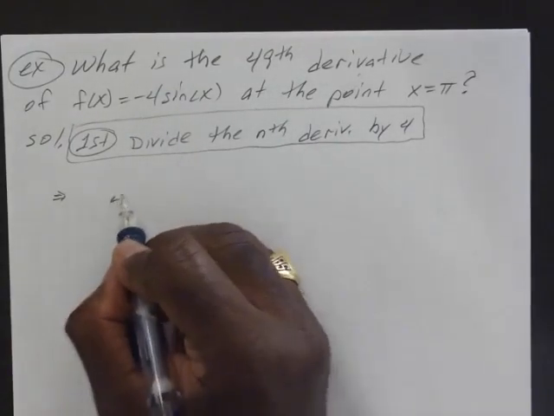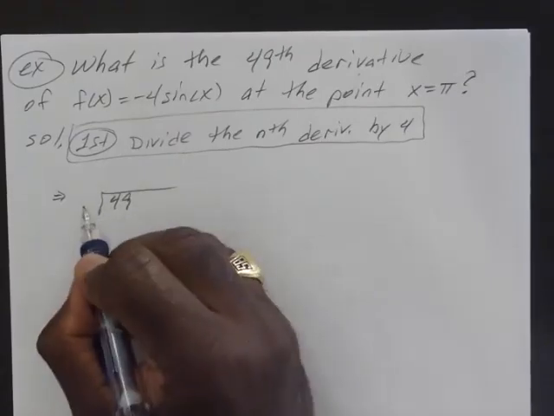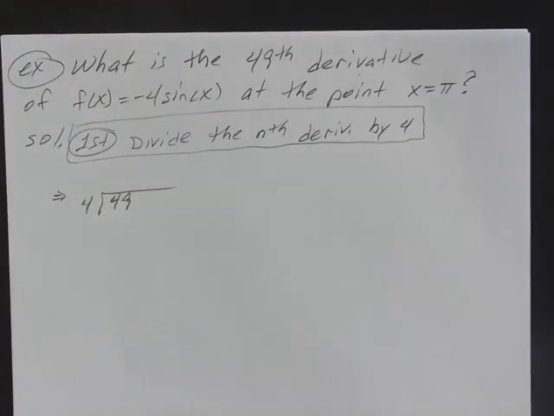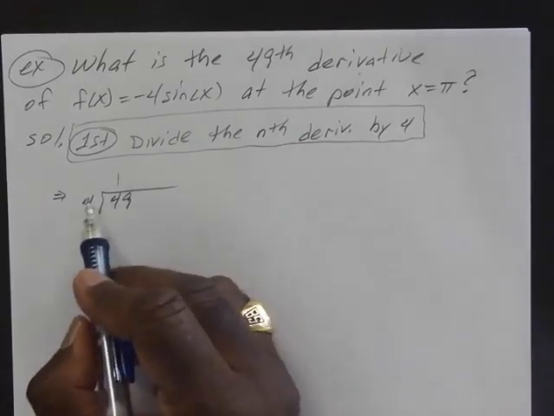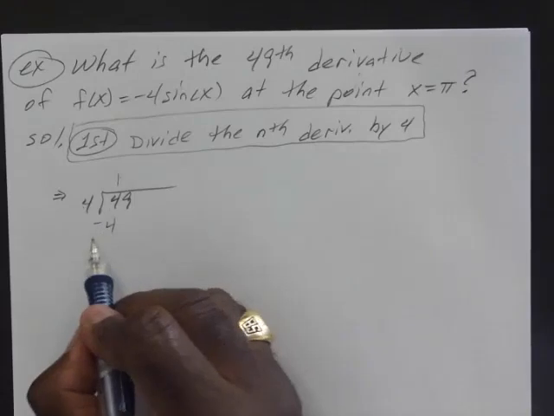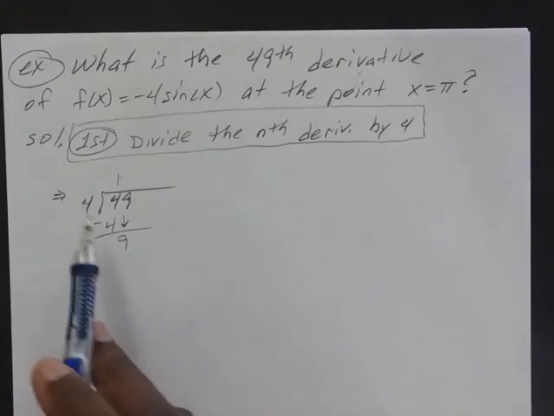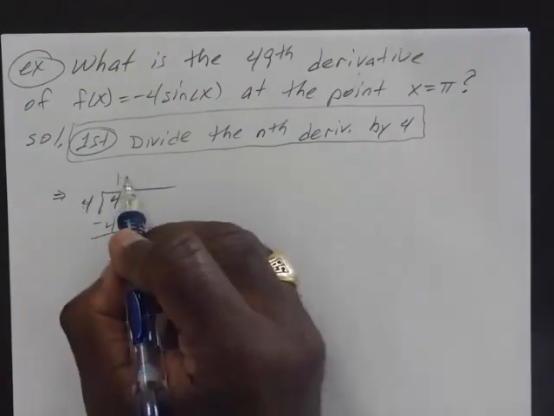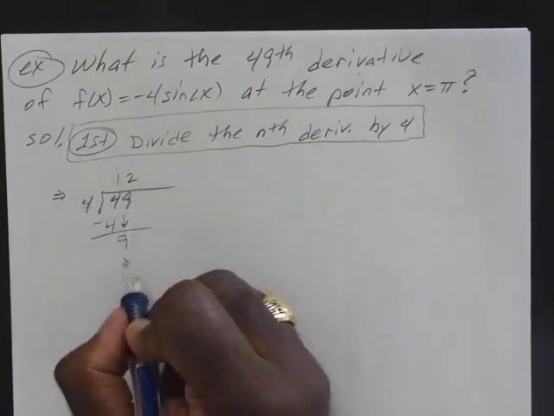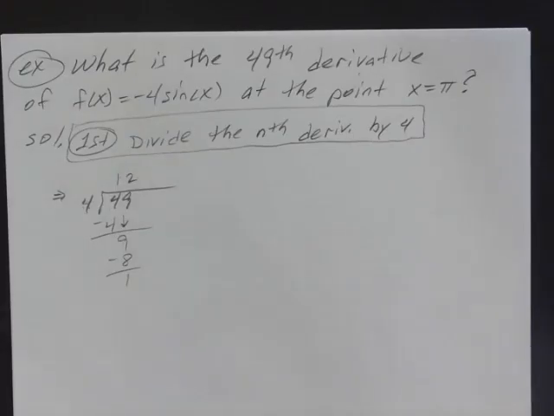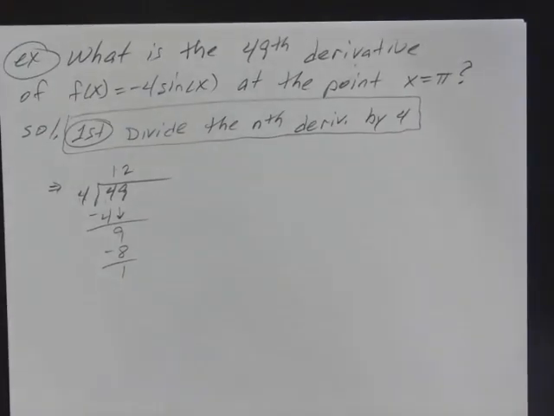So we're going to take 49 divided by 4. Okay, 4 goes into 4 once. 4 times 1 is 4. Subtract. That gives us 0, so bring down the 9. 4 goes into 9 twice. 4 times 2 is 8. We subtract and end up with remainder 1.